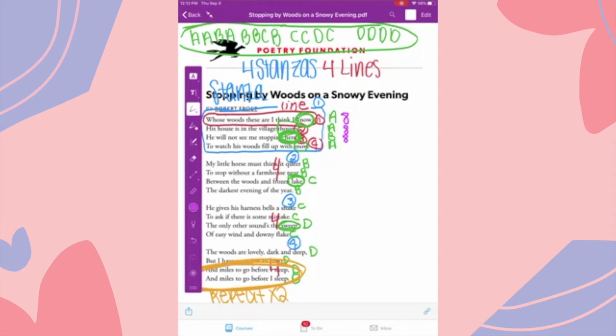"To watch his woods fill up with snow." 8. Our first stanza is made of 4 lines that are each 8 syllables. So your poem is going to have stanza number 1 made of 8 syllable lines.